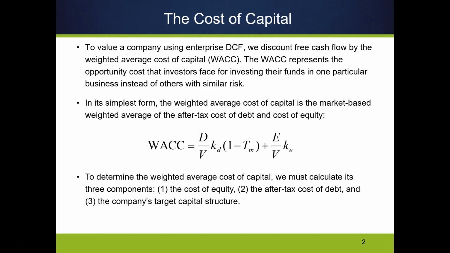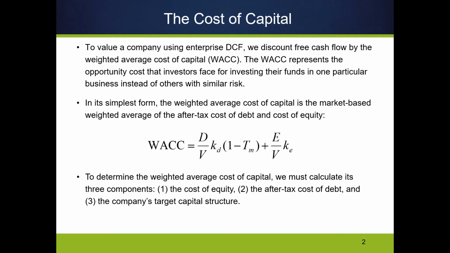And so this is the risk that they take when they provide capital to the firm. It's also the hurdle rate for the firm, because the firm must provide a return that satisfies the level of risk that investors have taken on when they provided capital to begin with.